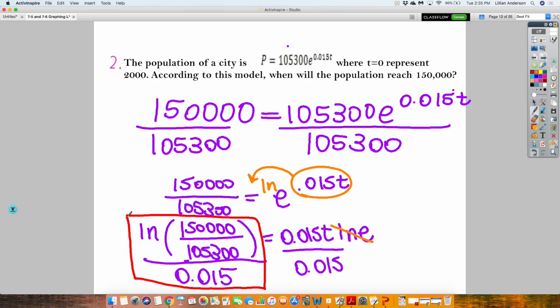Compare your answer with your neighbor. Make sure you're rounding to 3 significant figures. The ln of that number.